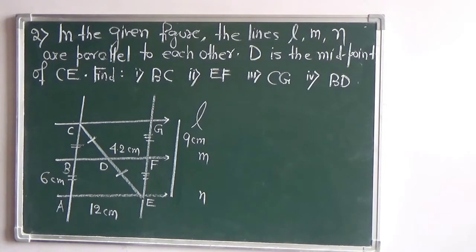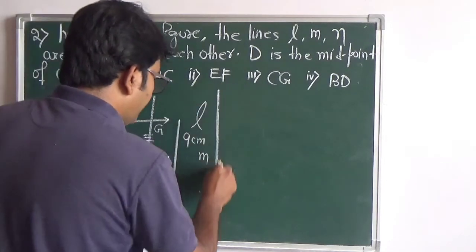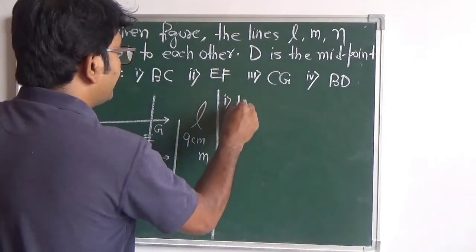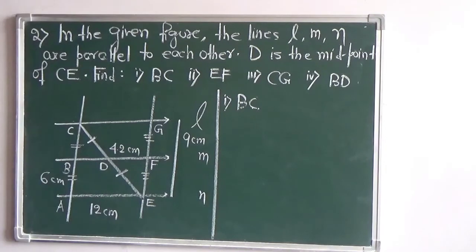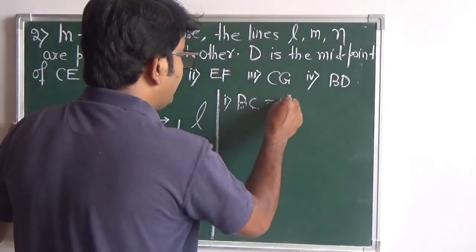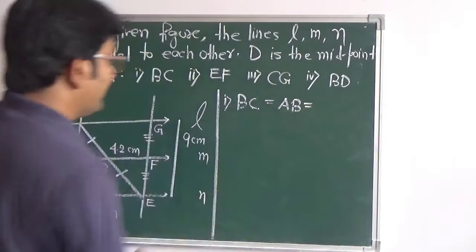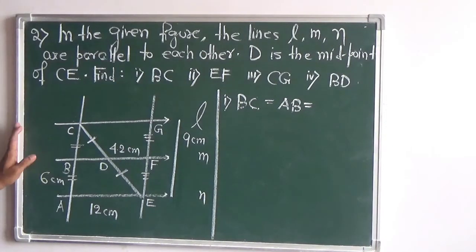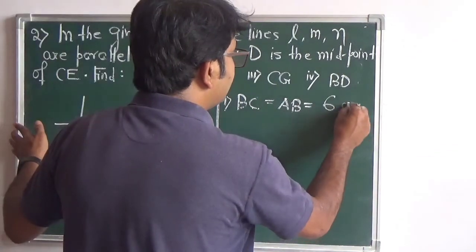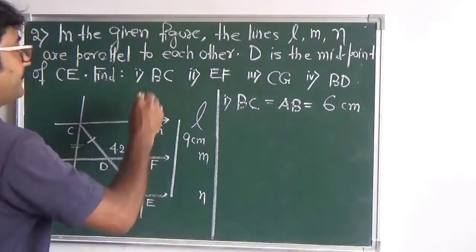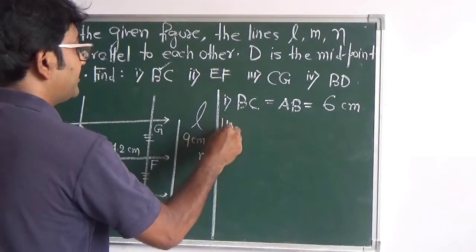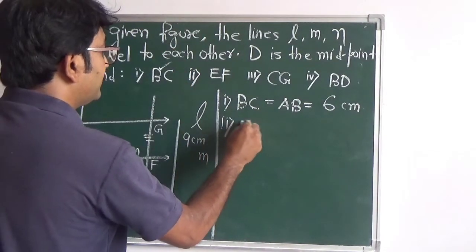Now let us start finding the values one by one. First part is BC. Now let us see where is BC. This is the part BC, and we know by the equal intercept theorem that BC equals AB. So BC is equal to AB, and the value of AB given is 6 centimeters. So the first part is done. Second part, EF.